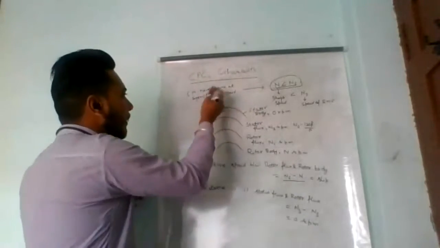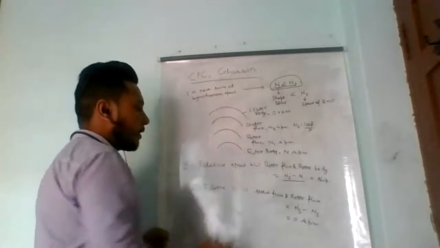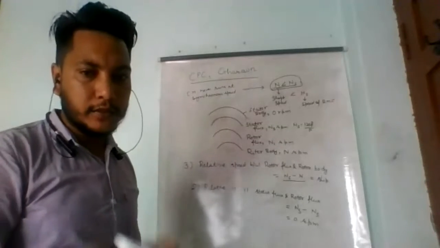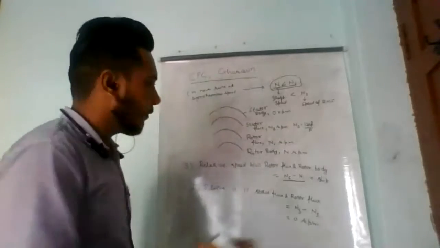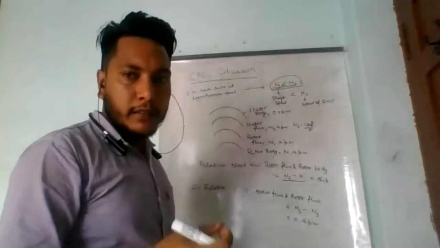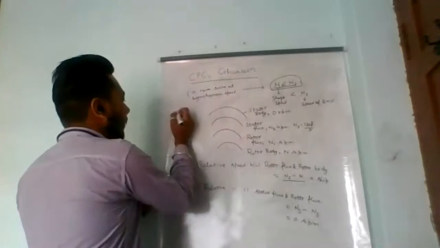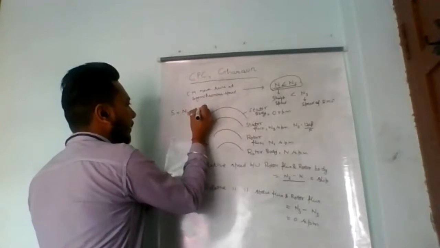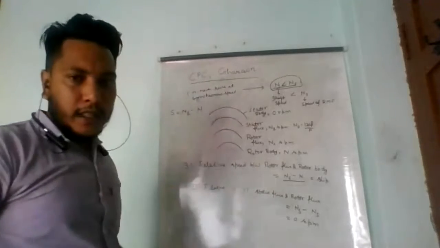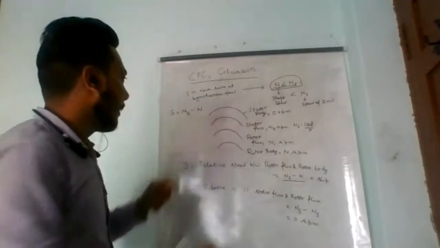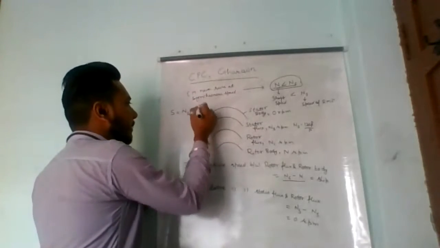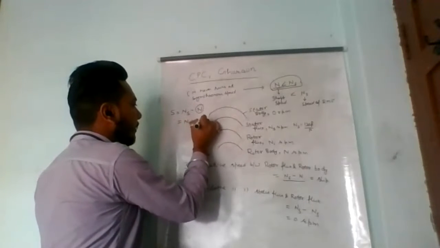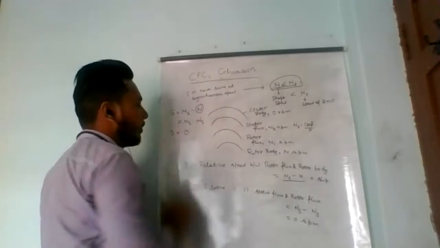For example, suppose the rotor speed, which is also the shaft speed, is the same as the synchronous speed of the motor. Then what will be the effect on the slip? We know that slip is nothing but the synchronous speed minus the shaft speed, n. If the shaft speed is the same as the synchronous speed, then the slip is equal to 0.